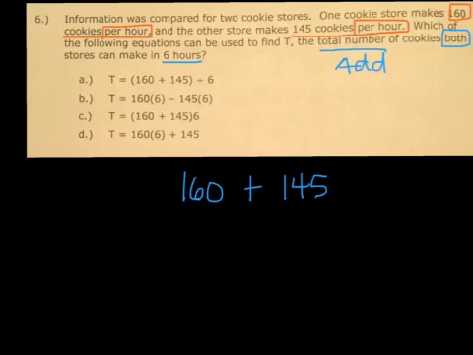145. And that's in 1 hour. But this question says you're going to do it for 6 hours. So if I continue the same thing for more hours, I need to multiply all of this times 6. And to do that, I would put parentheses around it, and then I can either put a times sign and a 6.